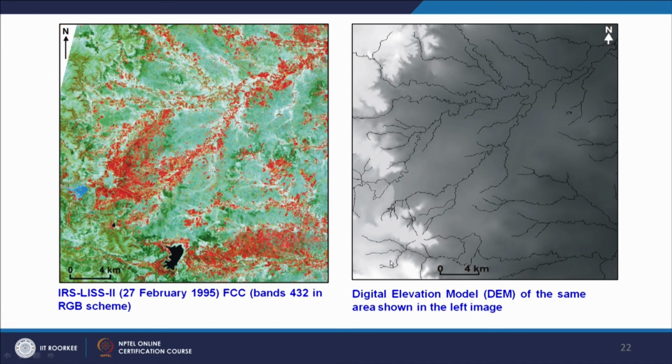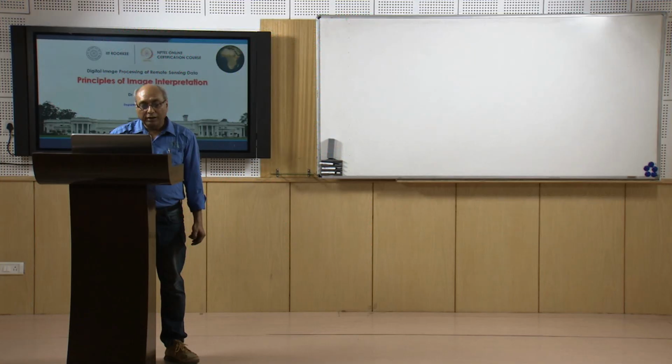Also we involve different data sets, like if I involve a digital elevation model. Now I am having height information. Here I do not have height information with the satellite image. But if I am having a digital elevation model along with me, I can now say that this reservoir, though small, is located on higher ground, because here it is having higher pixel values or cell values.